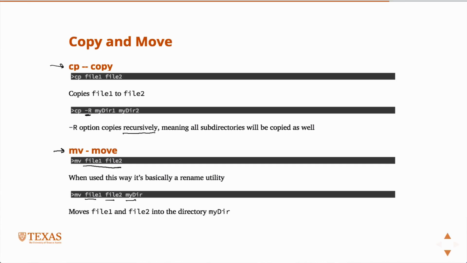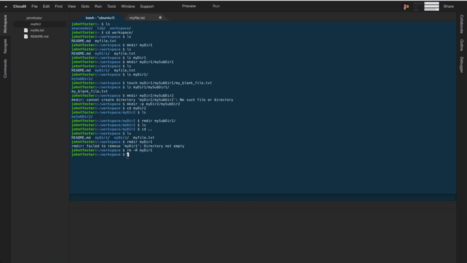A couple of examples here. We can take my file.txt and let's call it something different. So we can move my file.txt to a different location, which just means rename it, right?